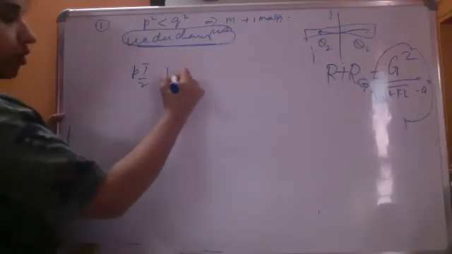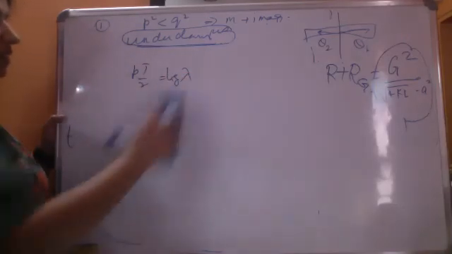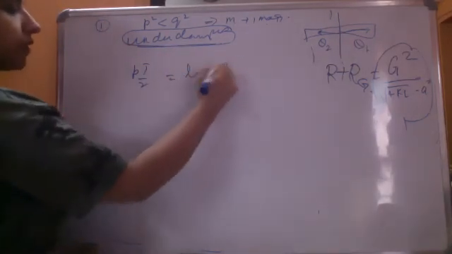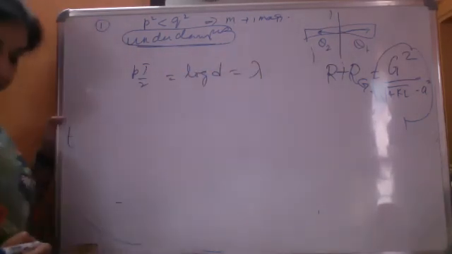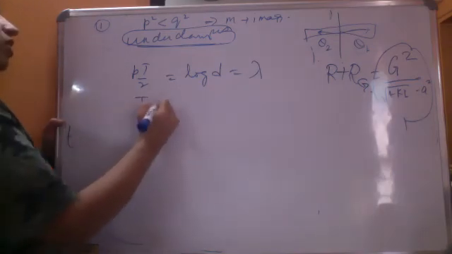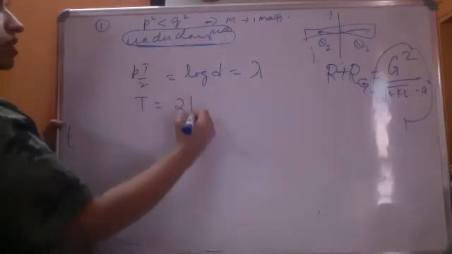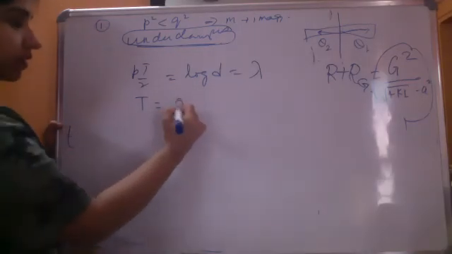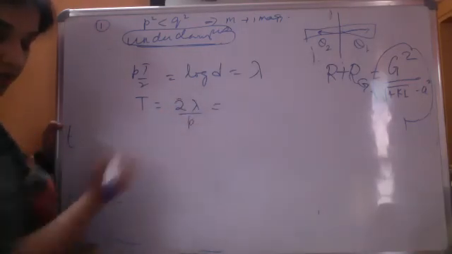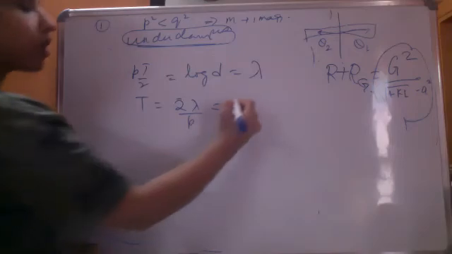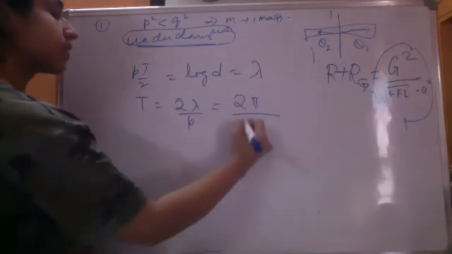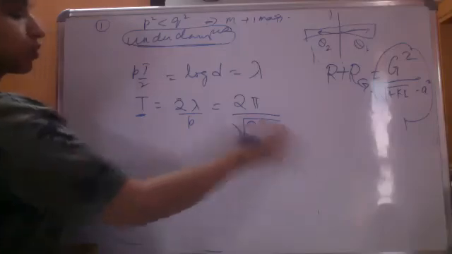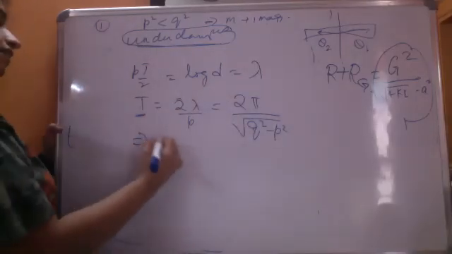Sorry, log of lambda. Log of D, or I can write T as 2 lambda, or this can also be written as, or this T is equal to, so what do I have?